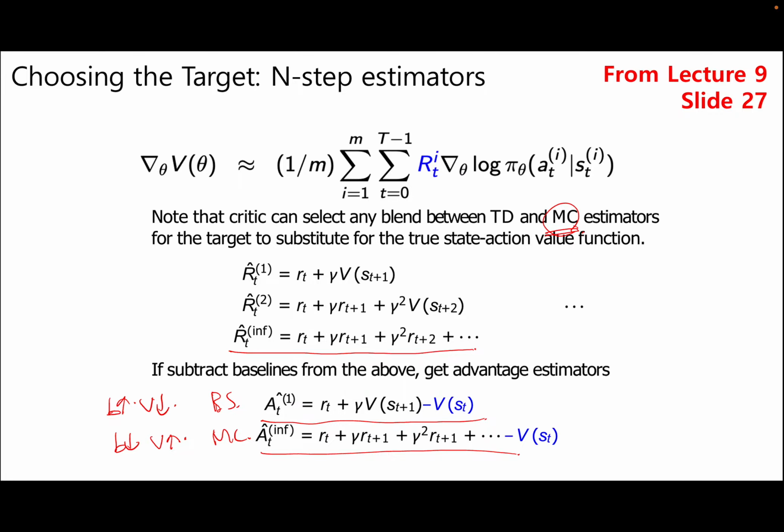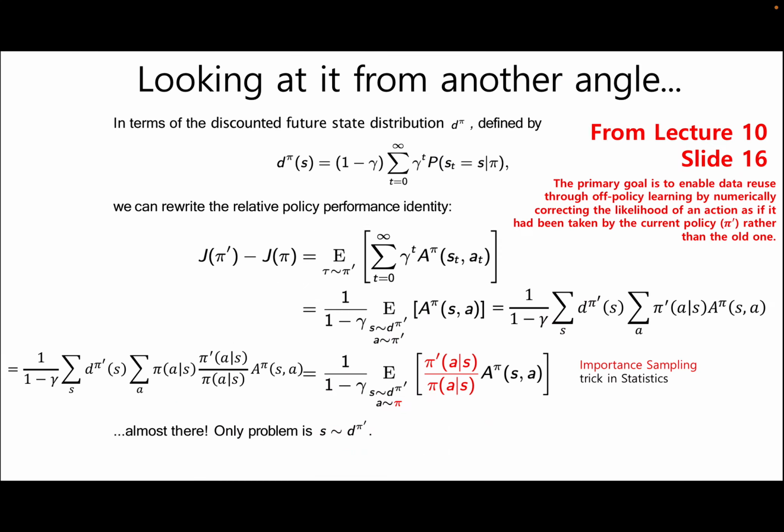And GAE actually starts with this one, the N-step estimator. And last time we also learned this one. We learned the problem of policy gradient, and one of them is how can we measure the difference between policies. Let's say we have two different policy functions, and how can we measure the distance between them?